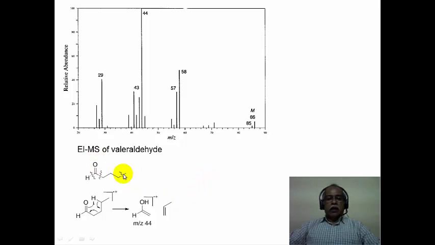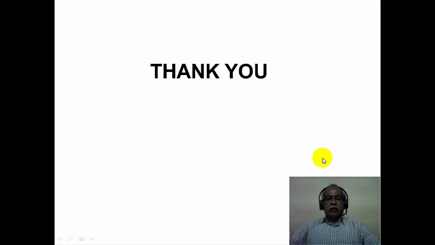So one can lose a methyl group, which is a loss of 15; 71 corresponds to the 15 loss. One can have a loss of this butyl group here, forming the corresponding formyl cation, which is 29, for example. The butyl cation itself is registered somewhere here, probably, and the McLafferty rearrangement product is registered at 44. These are the fragmentation patterns.